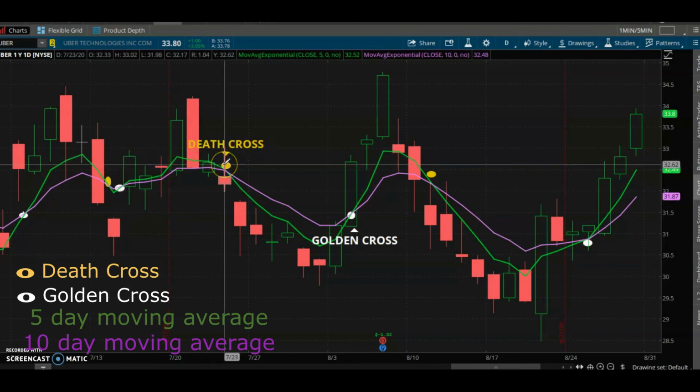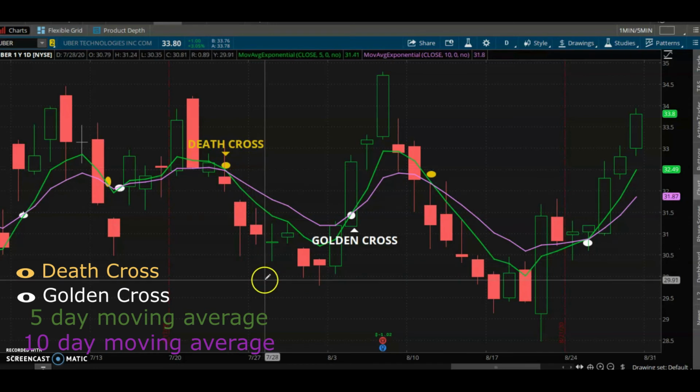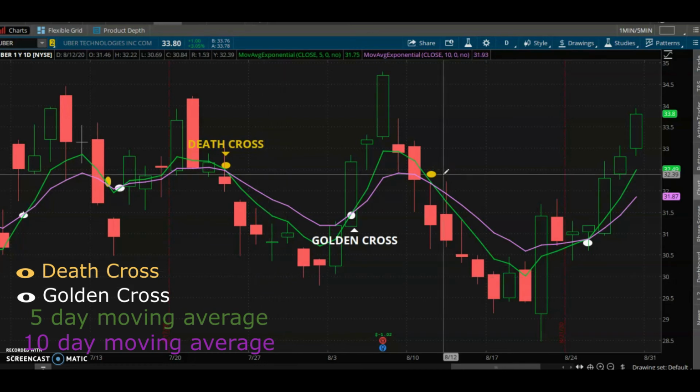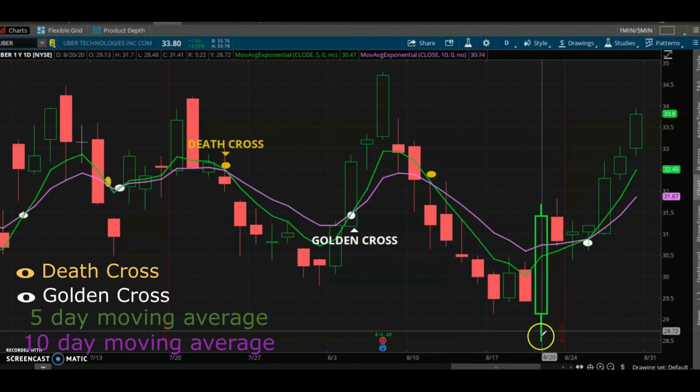Another point at which the death cross occurred, price action again moved down, quite a sharp decline over a period of about 7 or 8 days. And again, the yellow dot showing a death cross, and look at that sharp decline in price.